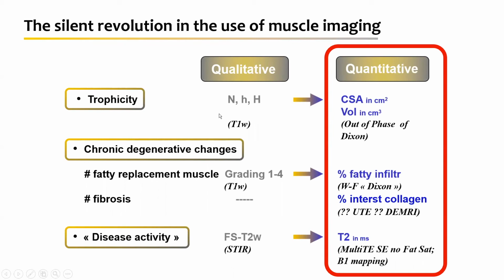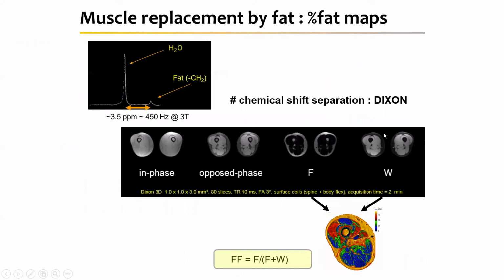We need values for the three main characterization indices, and this requires other sequences, another approach. For example, for the fat infiltration, we prefer to use the so-called Dixon sequence, where the separation is really based on the chemical nature of the compound.